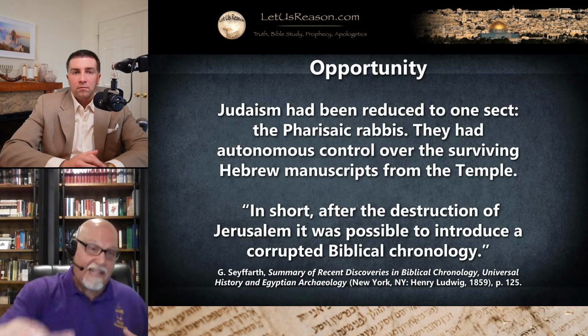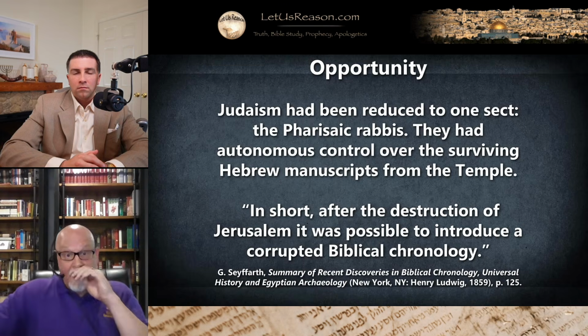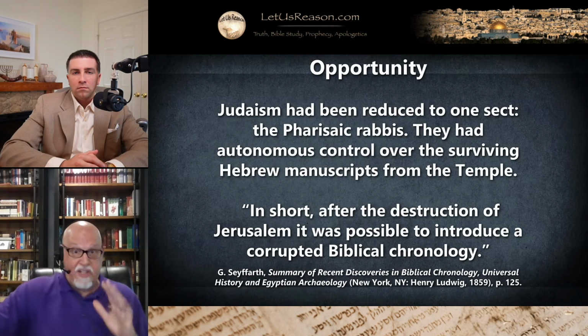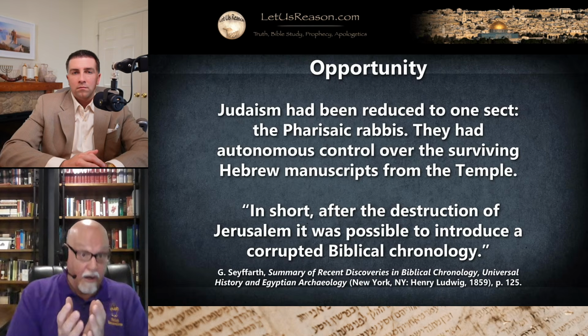A 19th century scholar, a biblical chronologist and Egyptologist as well, Seyffarth, is his last name, says it this way: in short, after the destruction of Jerusalem, it was possible to introduce a corrupted biblical chronology. His point is what I've been saying: the historical circumstances were perfect.